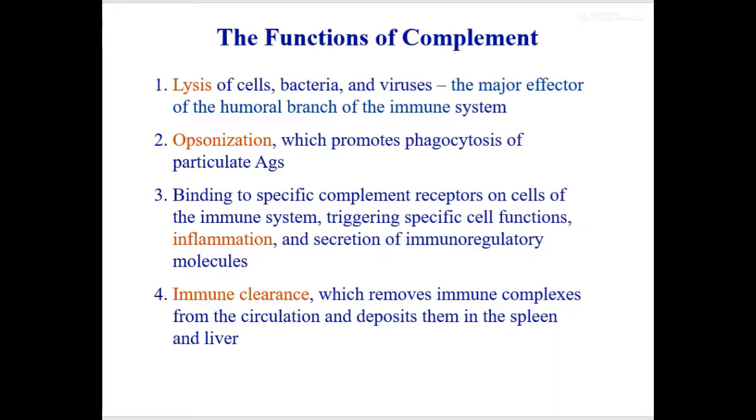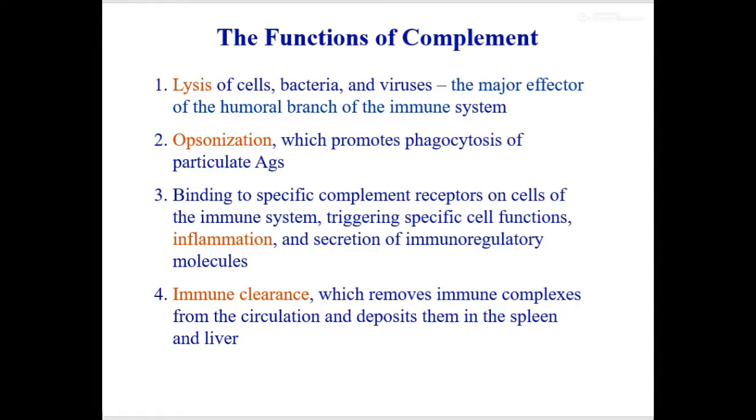Thirdly, during the process of inflammation, the complement gets bound to the complement receptors of the immune system, and that would trigger the inflammation process. And you can also visualize a process of immune clearance once antigen antibody complexes are formed.